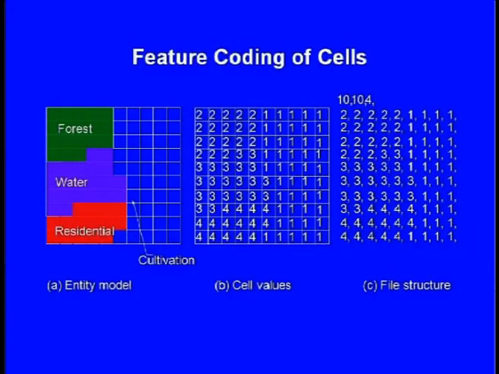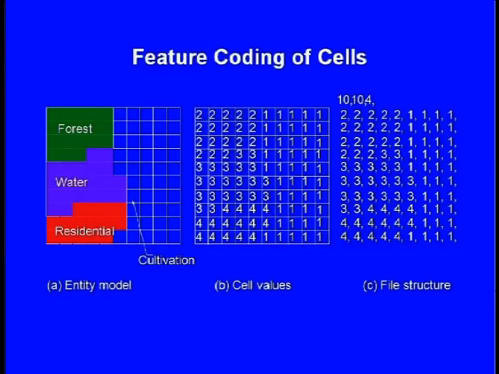That is, for all cultivated areas assign a code 1, for forest assign a code 2, for water assign a code 3, for residential areas assign a code 4. So, based on these codes, now we find that the cell values have been correspondingly provided the entity code values, and they have very distinct locations.